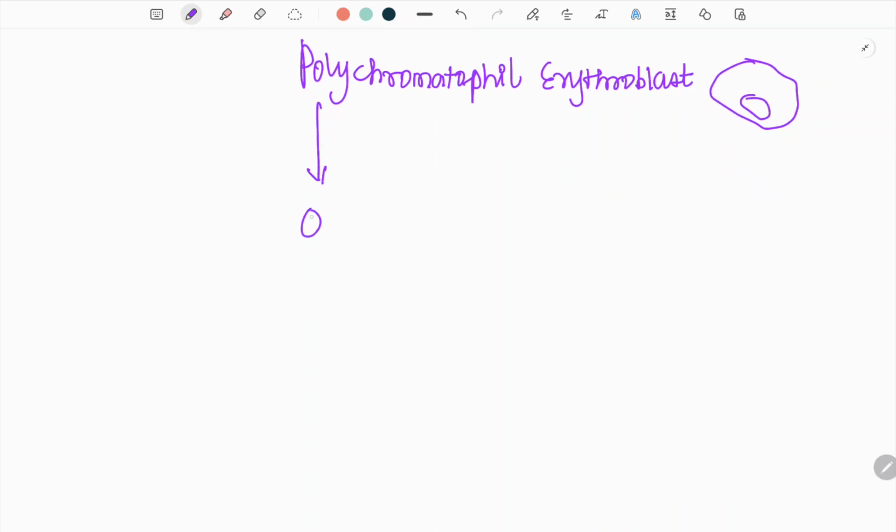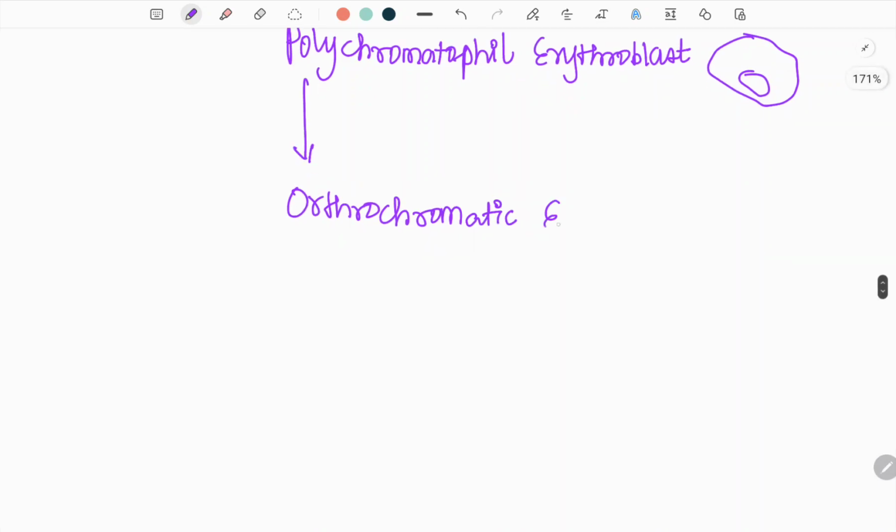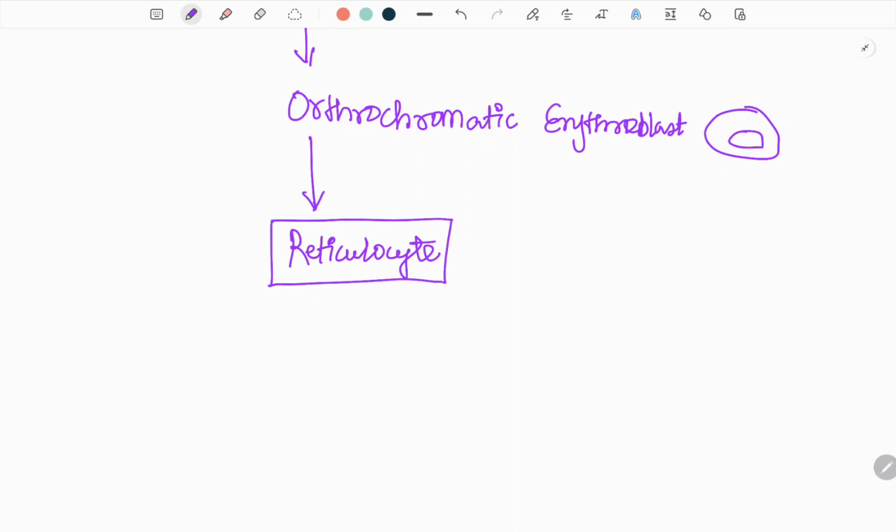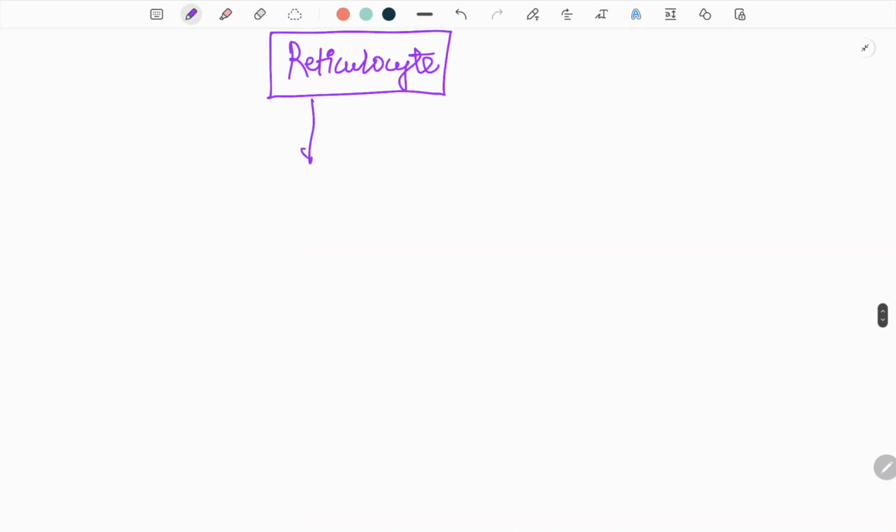This will divide into orthochromatic erythroblast, and this will divide into a very, very important cell, known as reticulocyte. And reticulocyte will divide into mature RBCs known as erythrocyte.